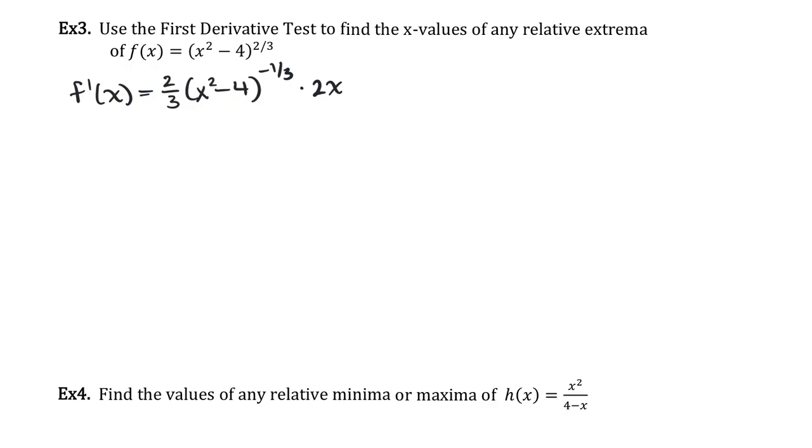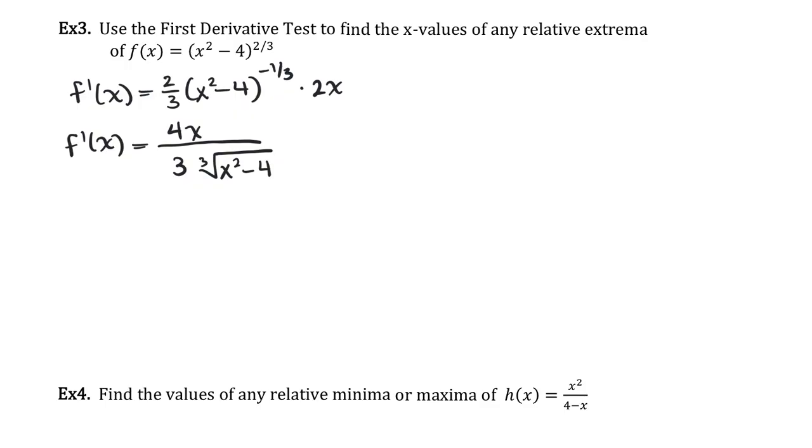I think I'm going to rewrite this to make it easier for myself. So 2 times 2x, that's going to be a 4x. At the bottom, I've got a 3, and then the third root of x squared minus 4, although you could leave it as x squared minus 4 to the 1/3 if that makes it easier for you to solve. Okay, let me see.